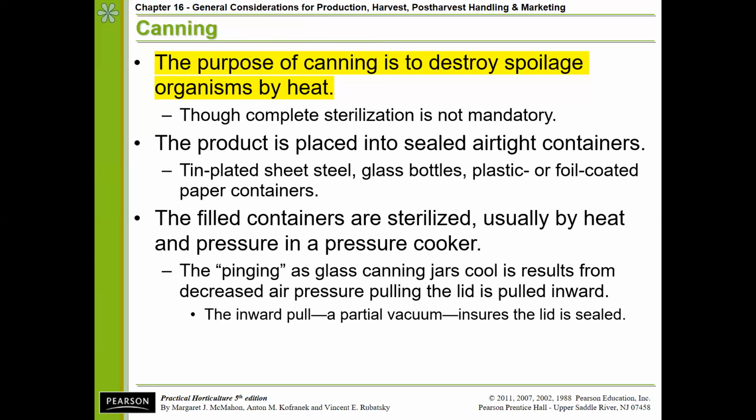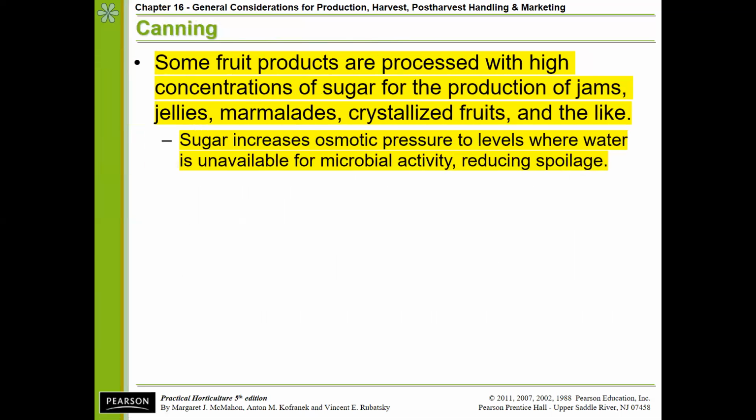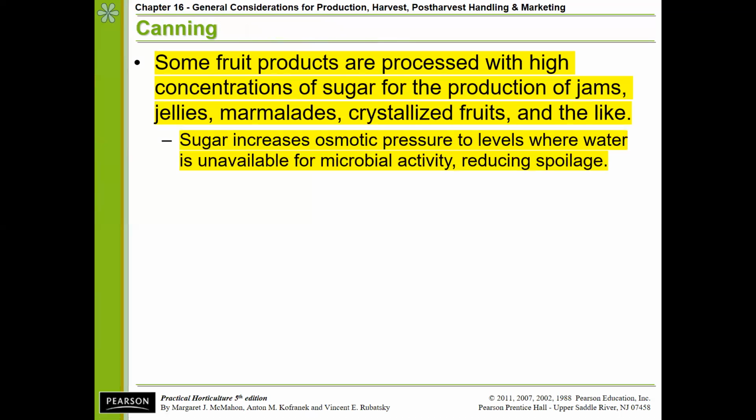Generally, it's done with something else, unless you're doing pressure canning. Most canning, you're adding something in there. In the case of a lot of fruit products, we do that with sugar. We add sugar to increase the osmotic pressure to the levels where the water is unavailable to the microbes and reduces spoilage: jams, jellies, etc.